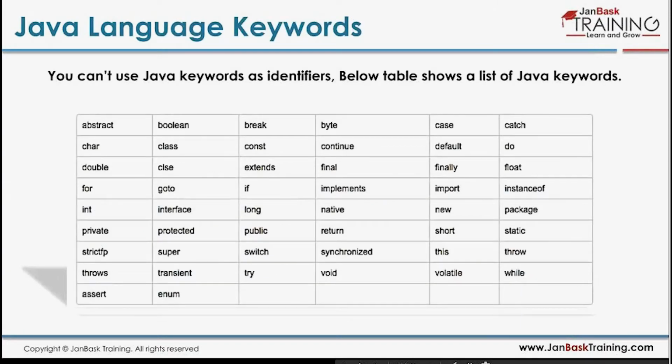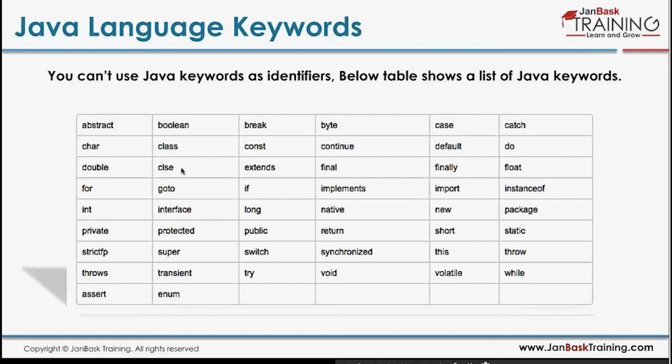So this is a list of Java language keywords. It's a complete table, and I hope you must be receiving these PowerPoint presentations. So I would say that you just go through this list. It's not required to explain all of these, because we'll explain them as and when they are relevant. But it's really good to know that these are the Java language keywords.